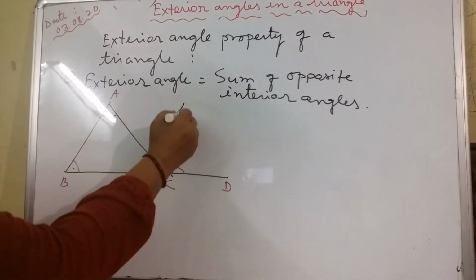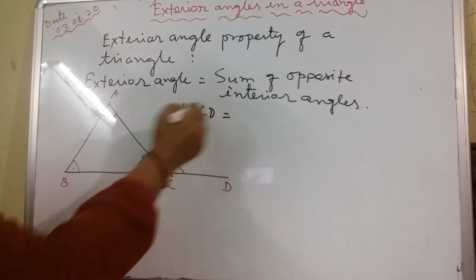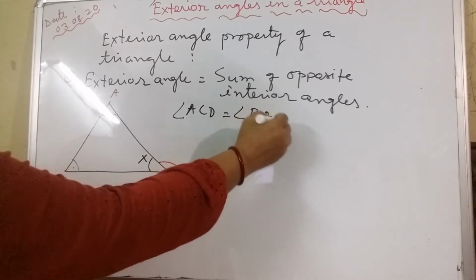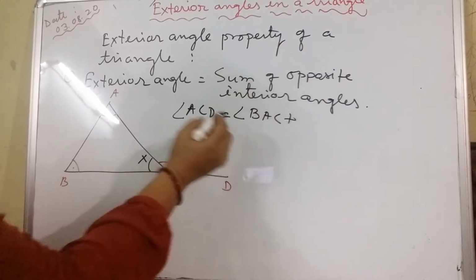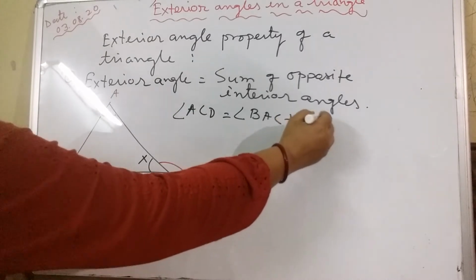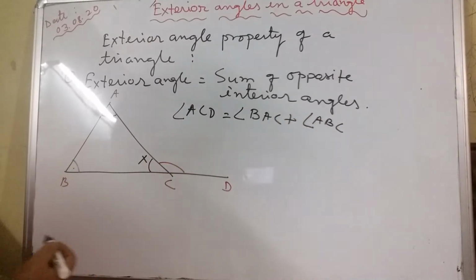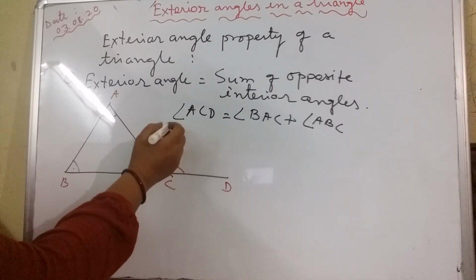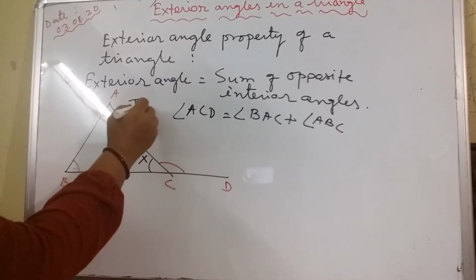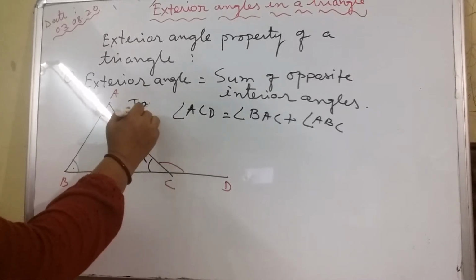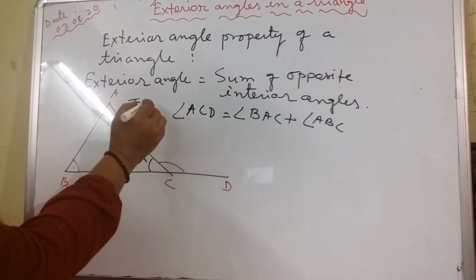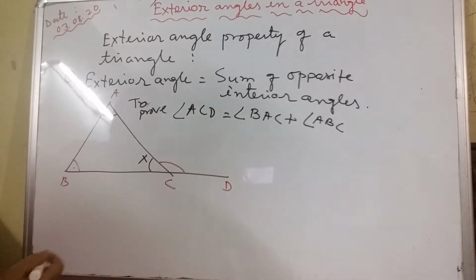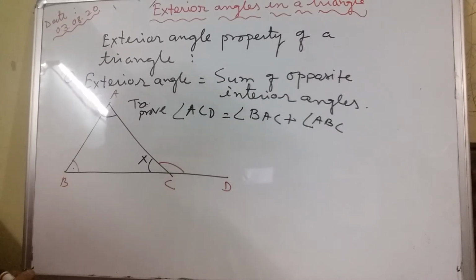So this angle ACD equals angle BAC, sum means addition, plus angle ABC. Okay, so if I want to prove this, what do we have to prove? We have to prove this angle ACD is equal to angle BAC plus angle ABC.